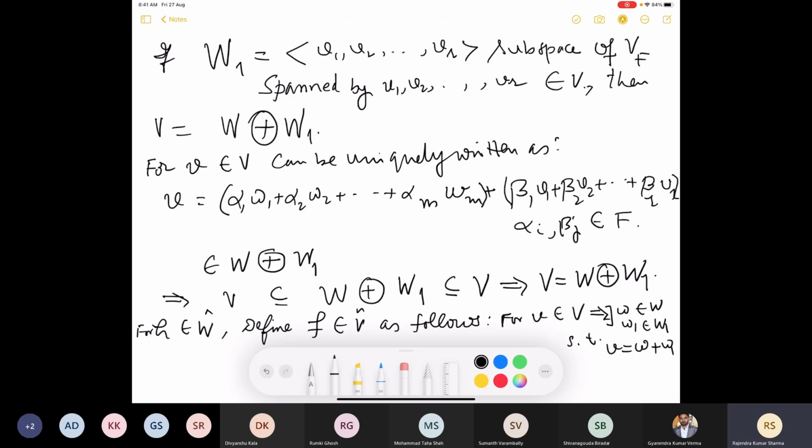Now this is unique. So there is a unique w in W and a unique w1 in W1 such that v is equal to w plus w1. So we define f of v as h of w. So what is the map? The map is f of v equals h of w, where v is w plus w1.